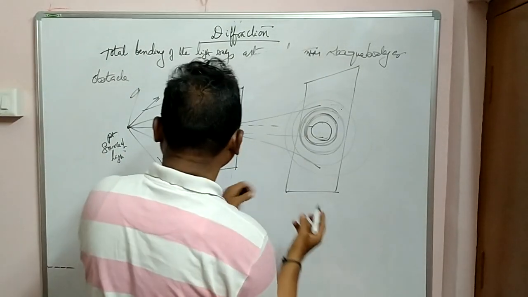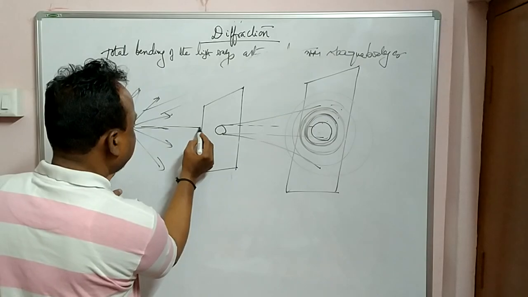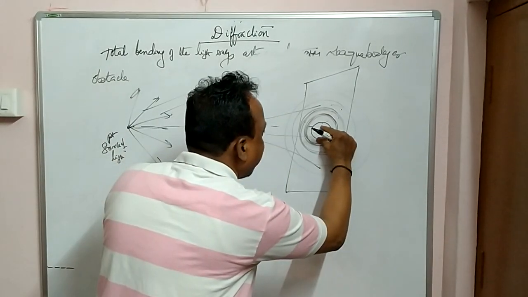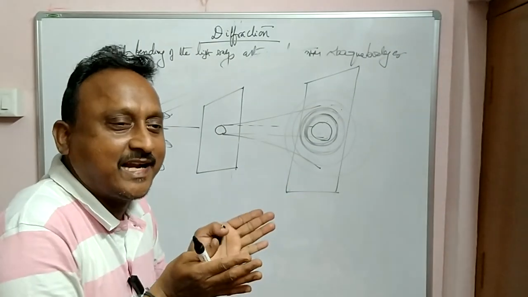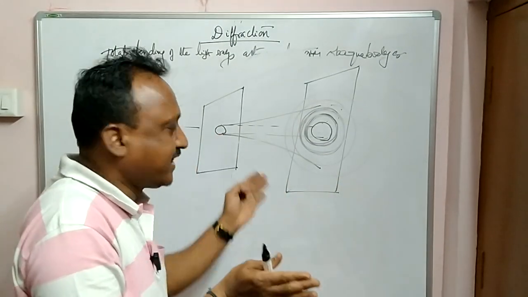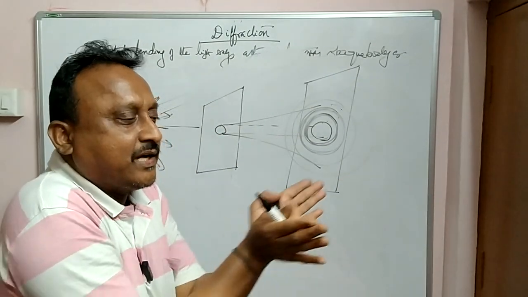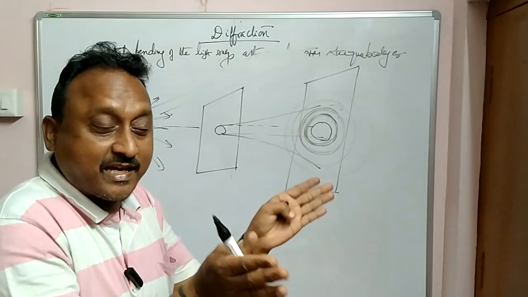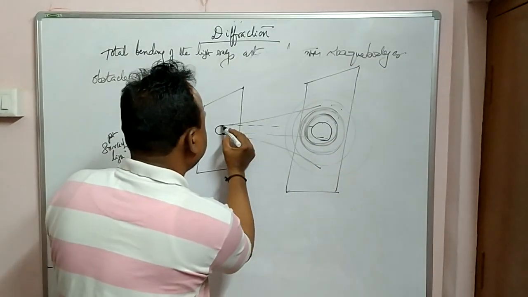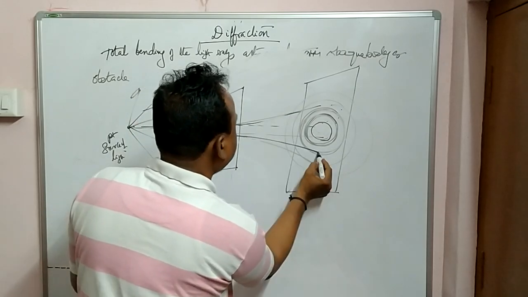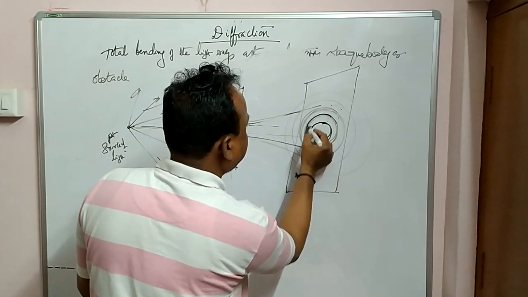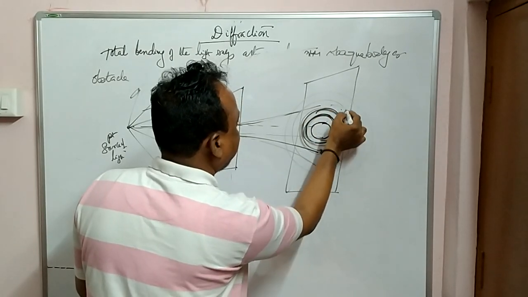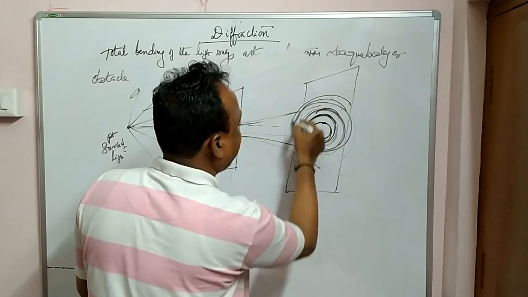The whole size is increased because when light enters, what happens? Put a torchlight. When light is entering, only this size has to form here, because light has a bending nature. After meeting the obstacle, due to diffraction, it bends away from the corners. If light hits the corners, it bends, goes like this, you see. So that is why the size increases and you get dark, bright, dark, bright, dark, bright.